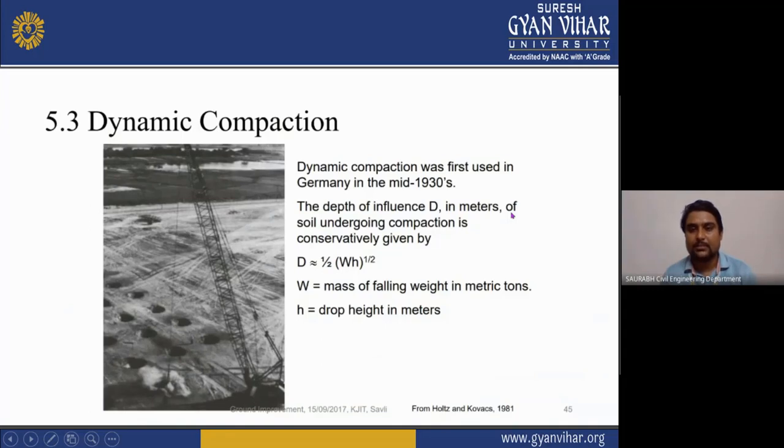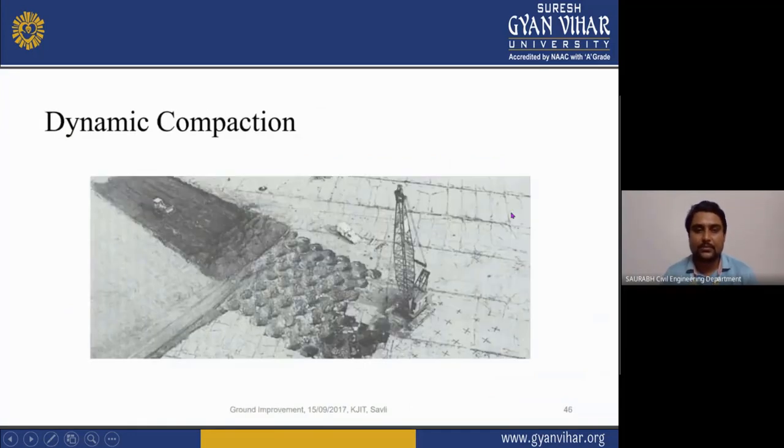Dynamic compaction was first used in Germany in the mid 1930s. The depth of influence D in meters of the soil undergoing compaction is approximately given by this formula, by which we do the dynamic compaction.